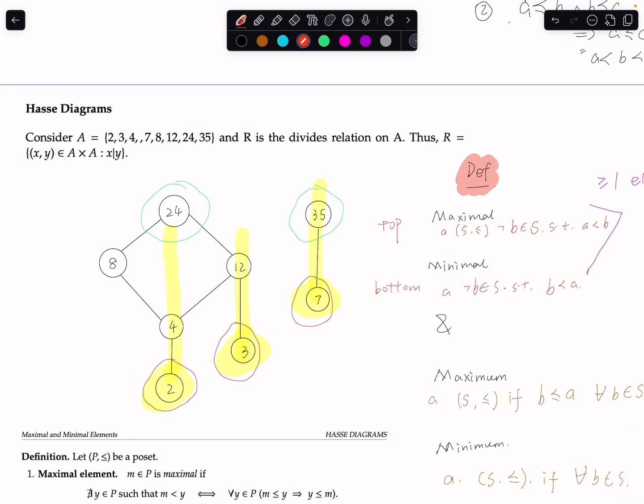There's no maximum and minimum, since if we say the 2 is a minimum, but the 35, since the two parts are separated, we cannot find a minimum element that is related to all the rest of the elements in the poset. Also, the 7 is separated from the main part, so 7 is not related to any other element within the set except 35.